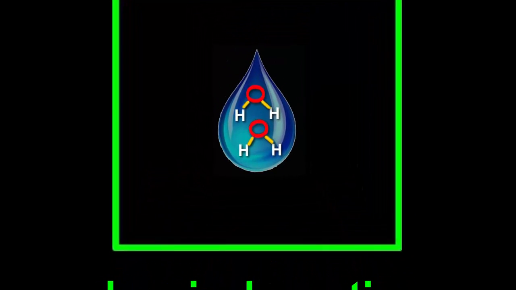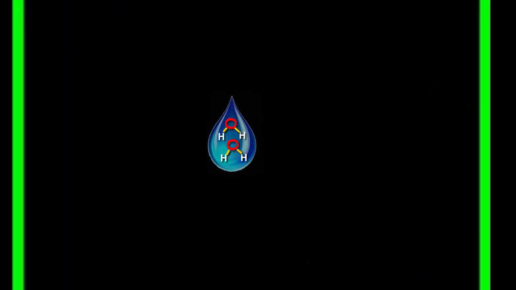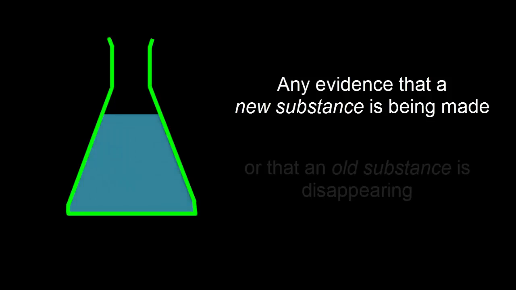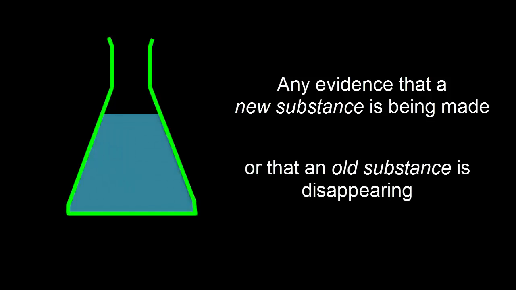But the molecules in chemical reactions are too small to see, so how can we tell if one's happening? Well, any evidence that shows that a new substance is being made, or that an old substance is disappearing, indicates that a chemical reaction is going on.